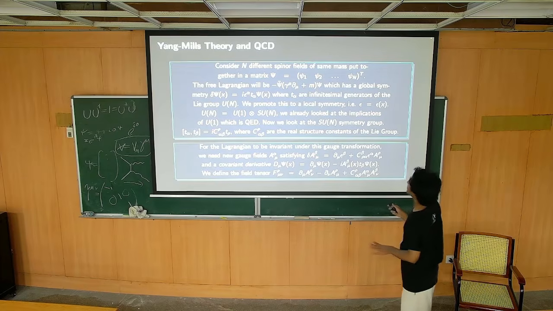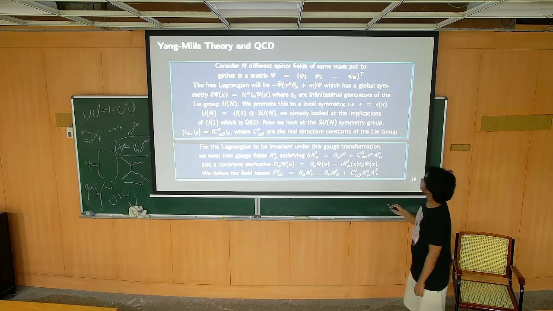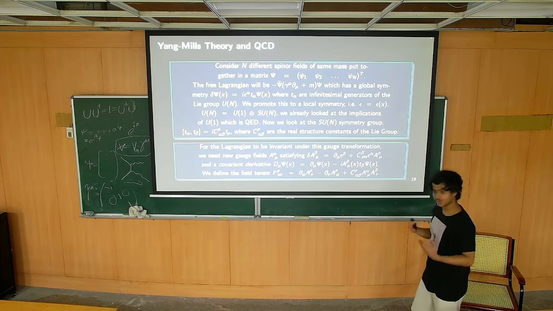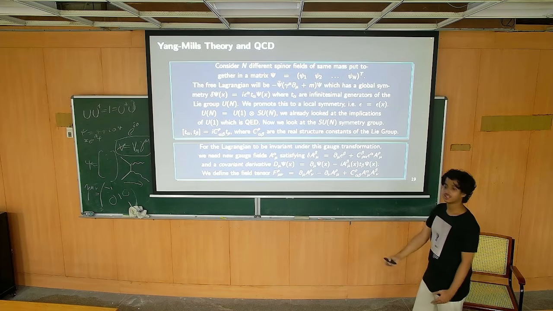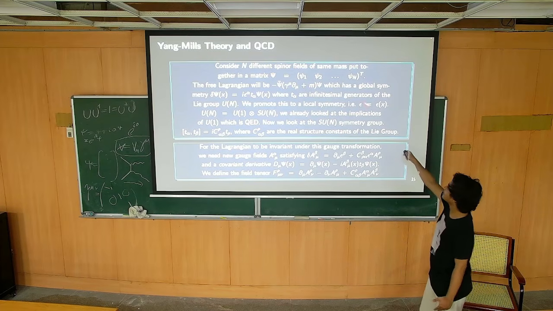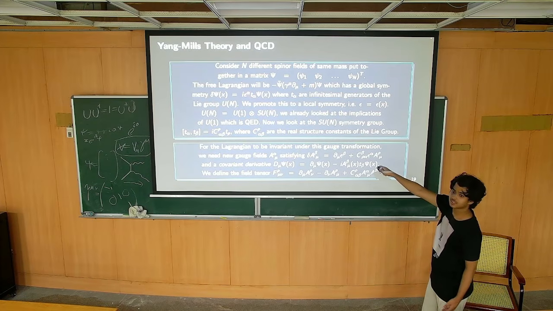Now I need this to be a local symmetry. I promote the global U(N) symmetry to a local U(N) symmetry, just by putting the epsilon here. It's not a simple epsilon, there are several epsilons here.